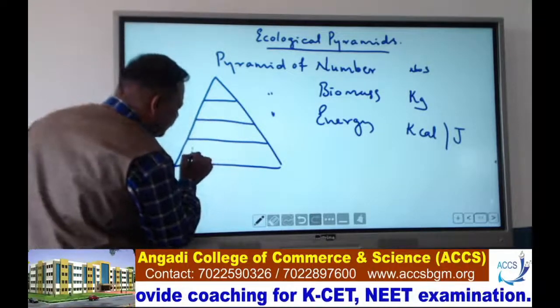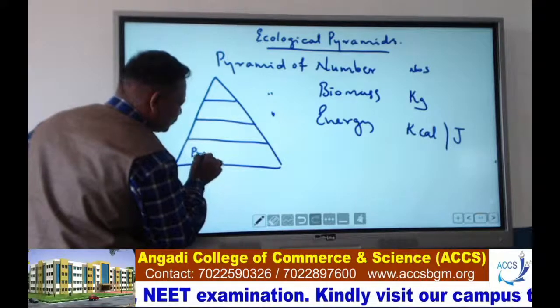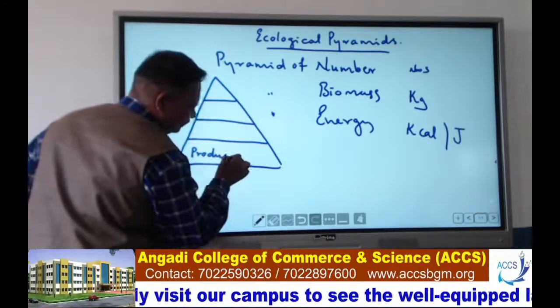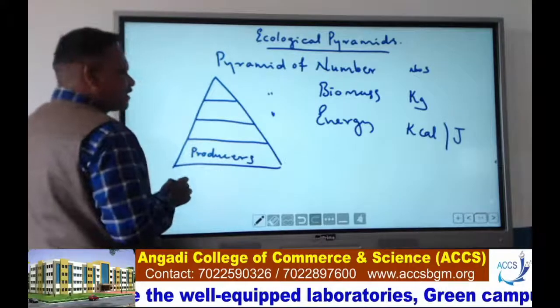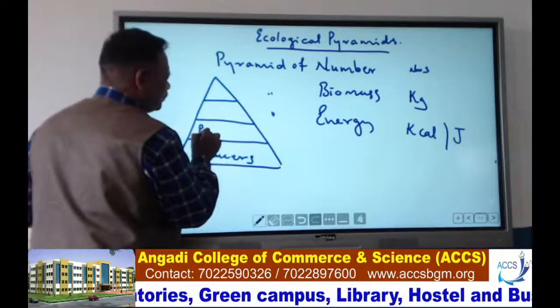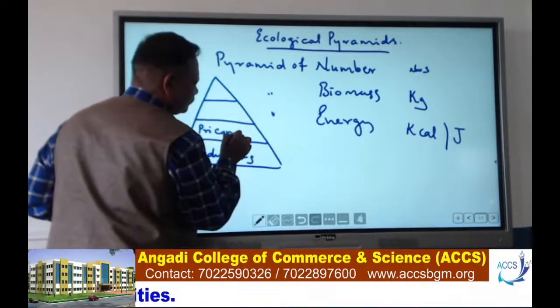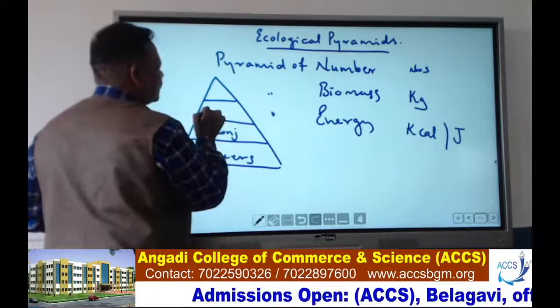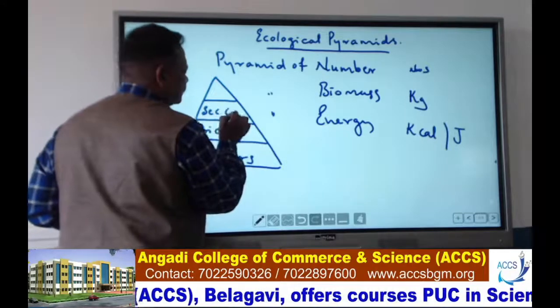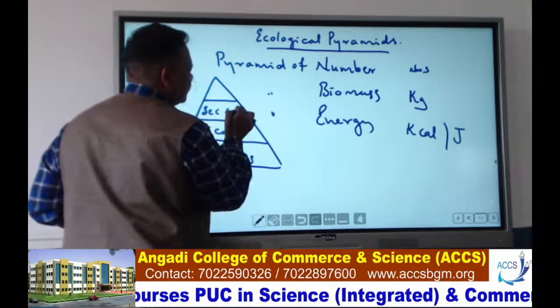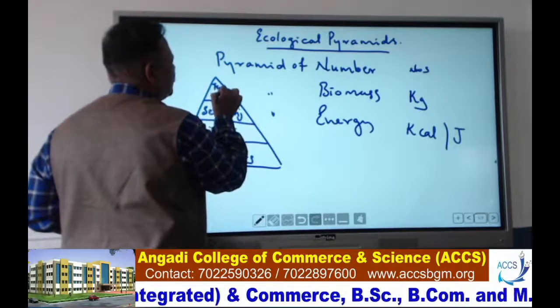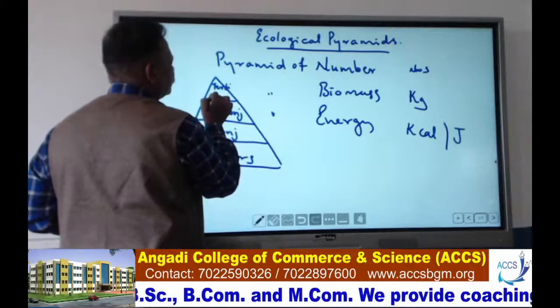In the first trophic level, the producers come. Then come primary consumers, then secondary consumers, then tertiary consumers.